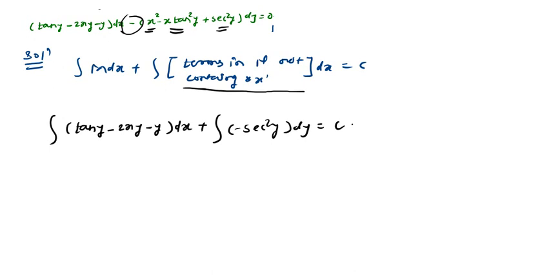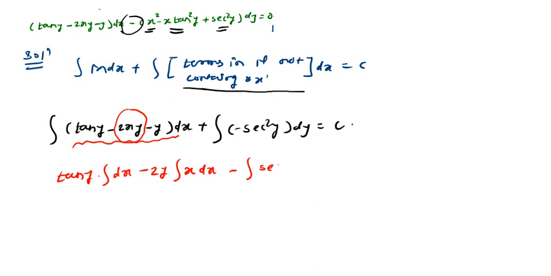Now we have to take its integration with respect to x, means all the terms of y will be constant. So this tan y will be constant, so what remains here is integration of dx, minus the integration of 2xy with respect to x. 2y will be constant, so integration will be only of x dx, minus integration of sec square y dy equal to constant.